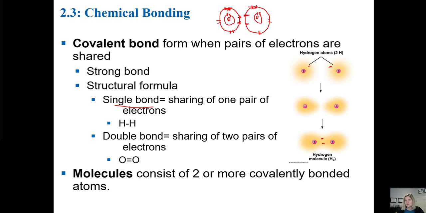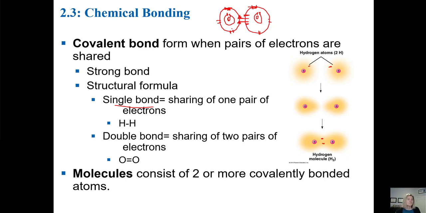Let's get rid of these. And now they can share these 2 sets of electrons. So this is basically forming a double bond. So they're actually sharing not just one pair of electrons, they're sharing 2 pairs of electrons. And by sharing 2 pairs of electrons, they end up filling out their valence shells.